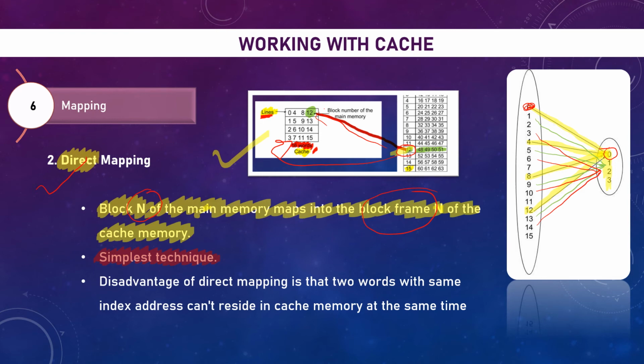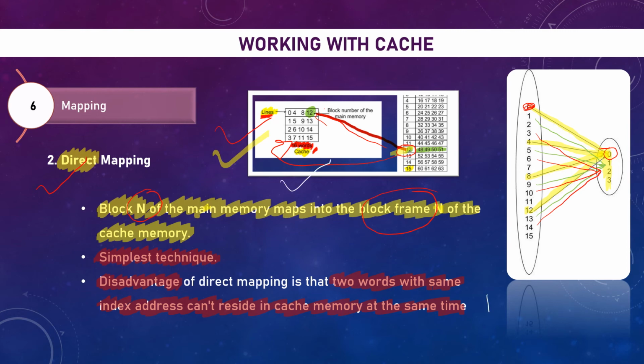But yes, there is a disadvantage. There is one disadvantage. What is that? Disadvantage is that two words with the same indexed address cannot reside in cache memory at the same time, right? How? Let's understand this with this example. Here we have 12, and we are talking about this diagram.